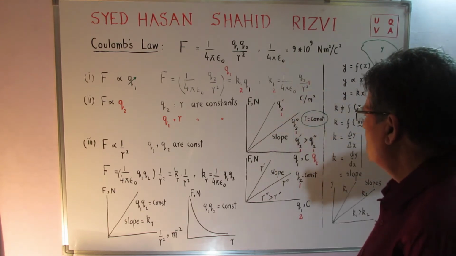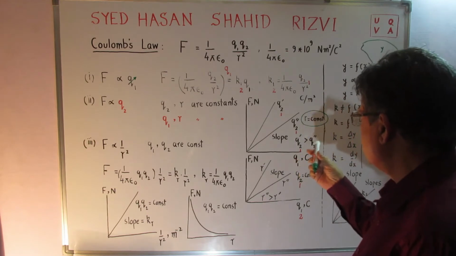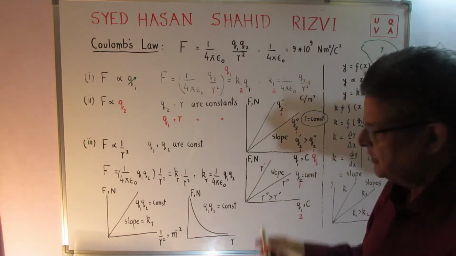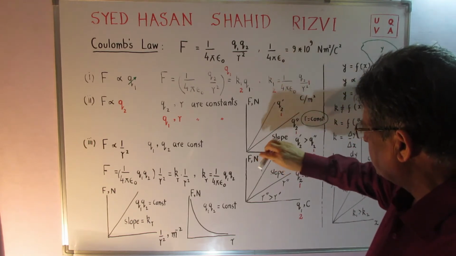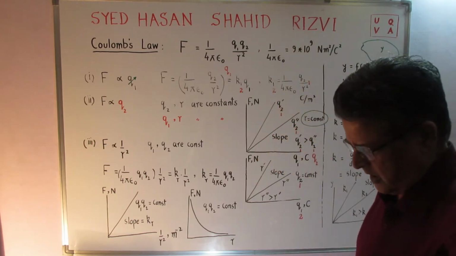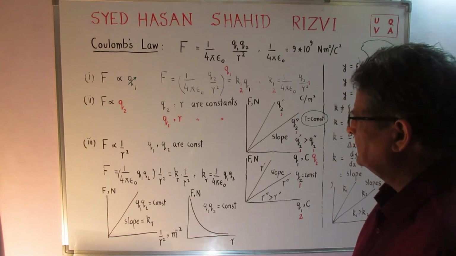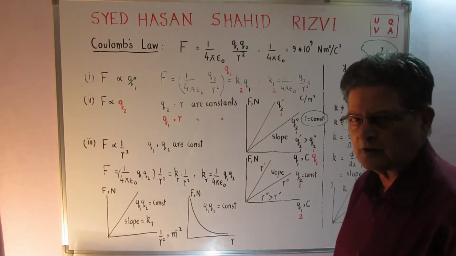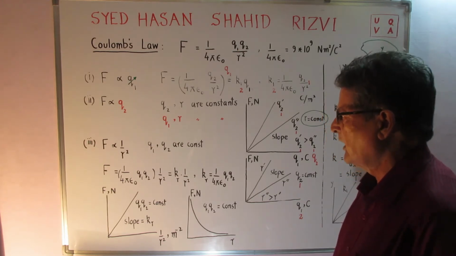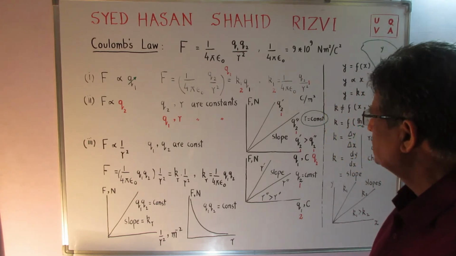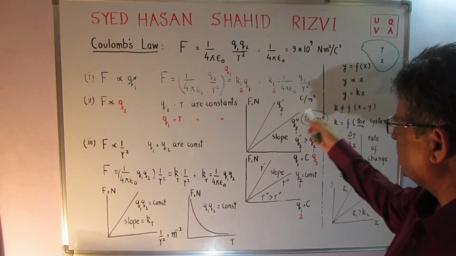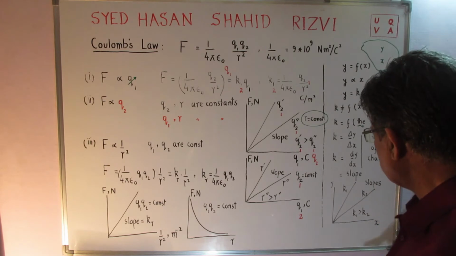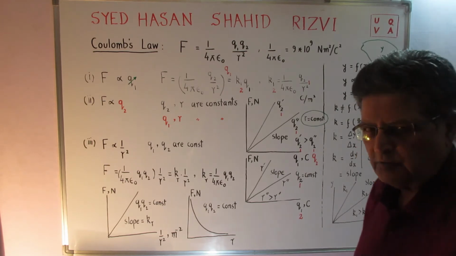So Q2 dash is greater than Q2 double dash, so that this slope is more as compared to this slope. You have to plot it all by yourself and make arguments like I have done several times, right? So this is a straight line like the mother curve: y is proportional to x, y is equal to kx.